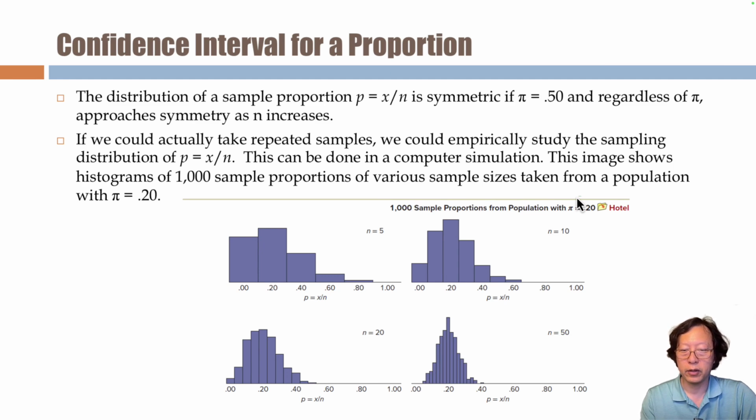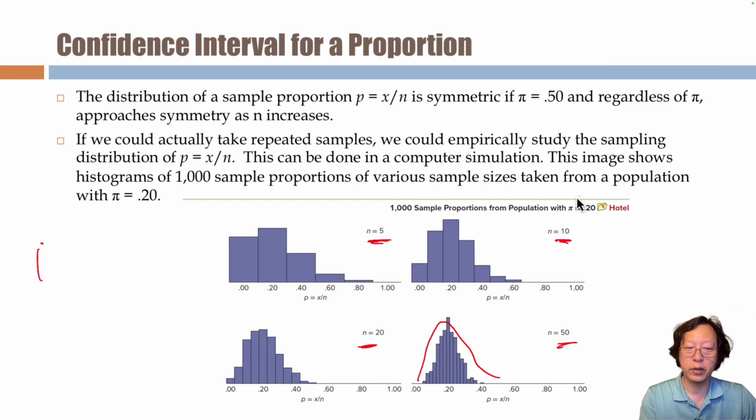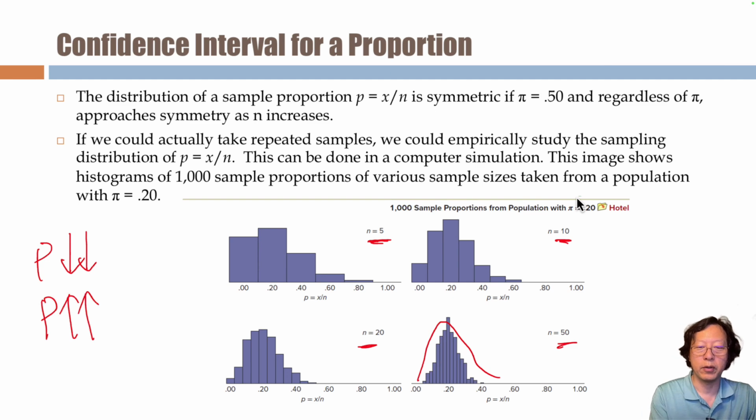this is, as you can see, 5, 10, 20, and 50. As you increase the number, this will follow the normal distribution. So normal distribution assumption is still fine. However, this can be very skewed. If your success rate, the P, is really small, or P is really large, then it can be very skewed.